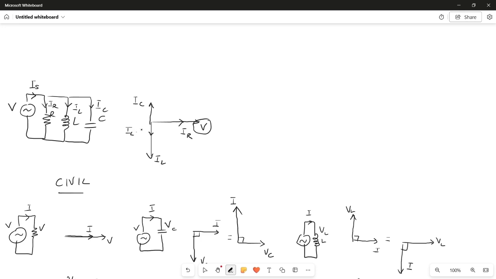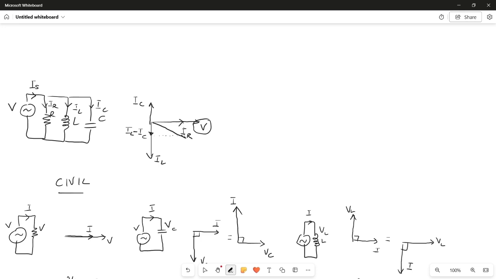Again, in this example, I'm saying that the inductive current is more significant. Okay, you have to do the actual numbers to find out. And so I've combined IL and IC here as this phasor. And now I have to add it to the IR to find my total supply current. And how do I add phasors? Well, it is like this.